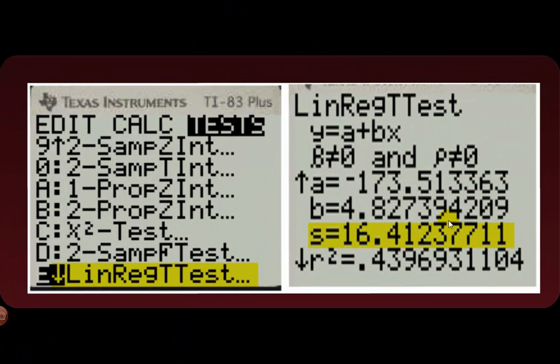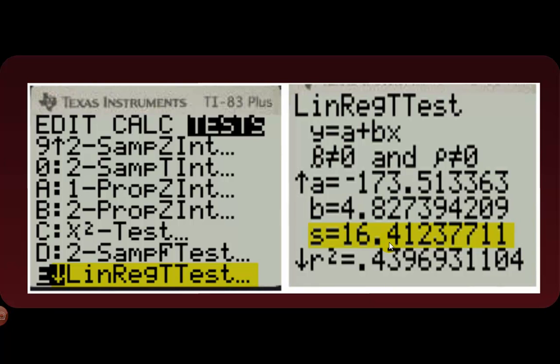To calculate where the outliers would occur, look at page 534, example 12.2. I put all the data into the calculator, and we run a linear regression t-test. That gives us this value here, this S of 16.4. When they've done the work, here is their S value.